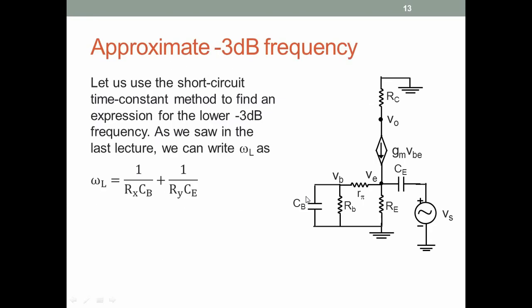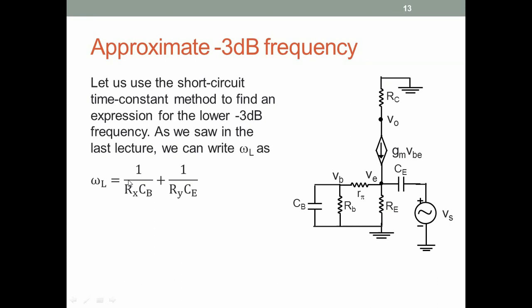Now let us see if we can get the same minus 3 dB lower cutoff frequency from the time constant method that we had discussed in the last lecture.